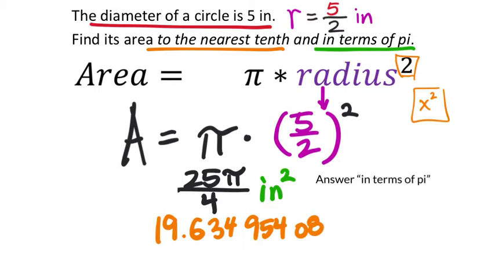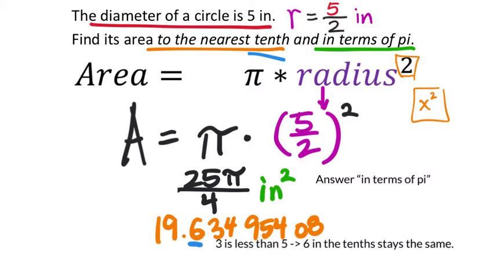In any case, I'm looking at the 6 in the tenths place right here, and immediately to its right is a 3. Well, 3 is less than 5. So that means the 6 in the tenths place stays the same.